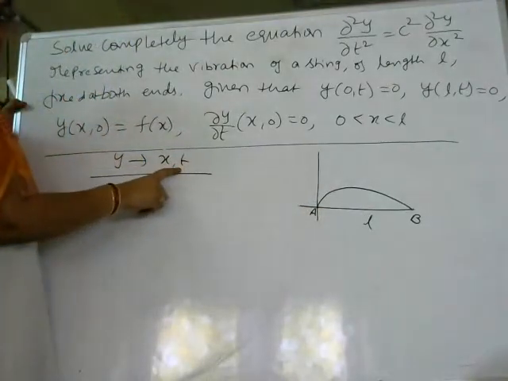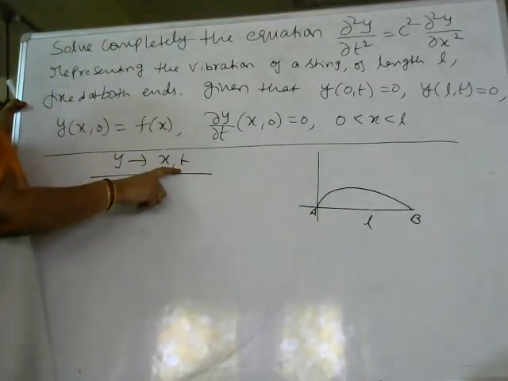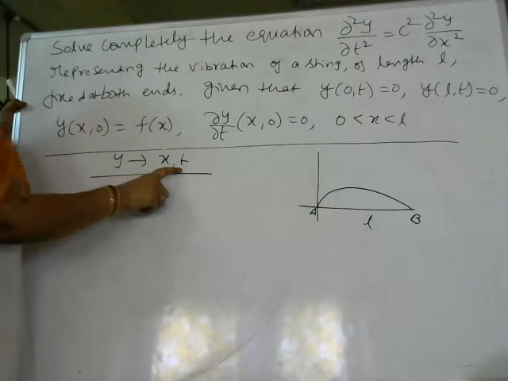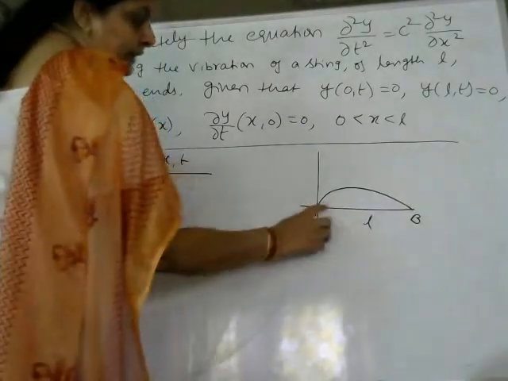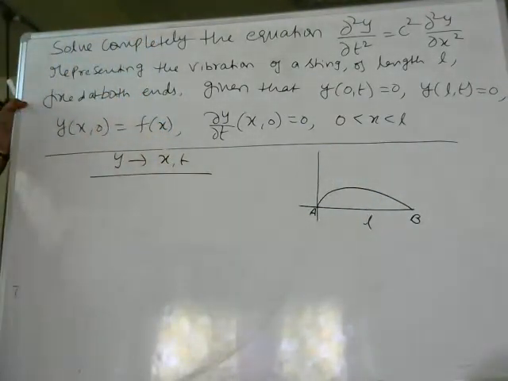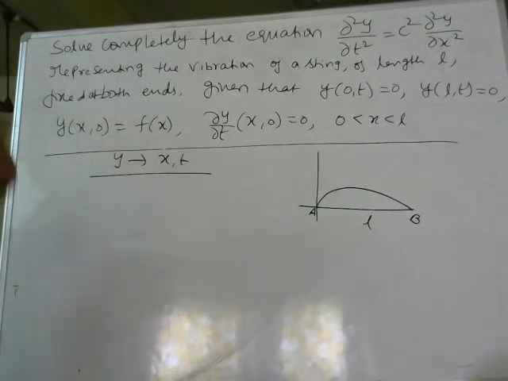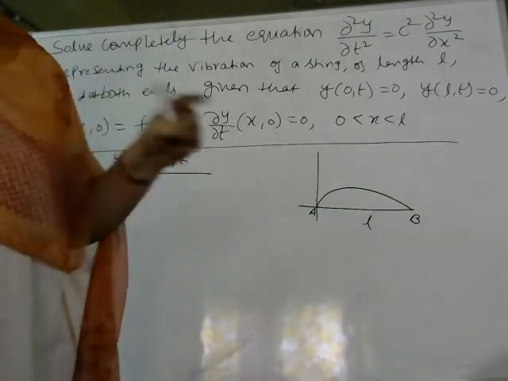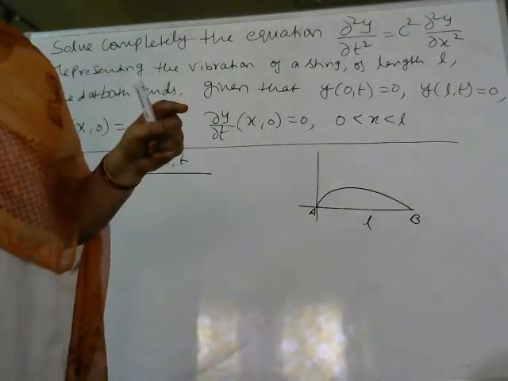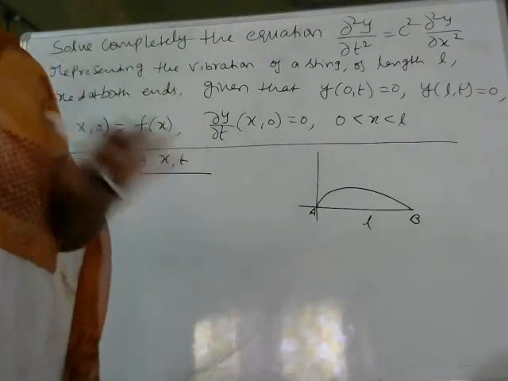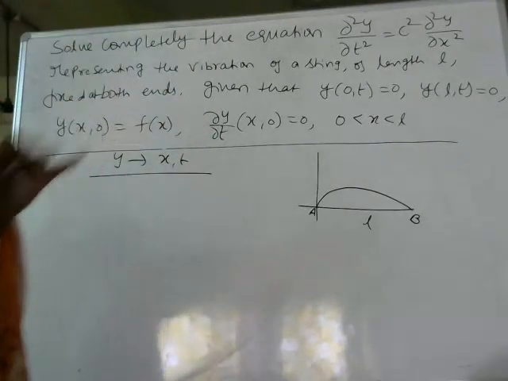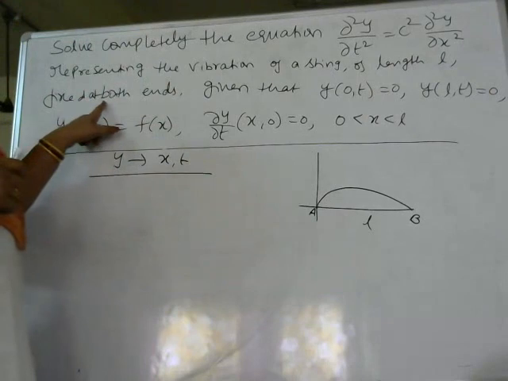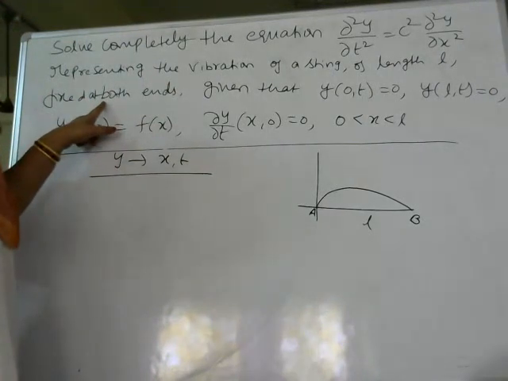T represents the time. So here we are given that the string is fixed at both ends. For every wave equation, unless the string is fixed at both ends, it cannot vibrate. So compulsorily for each and every wave equation, you will be given this condition, fixed at both ends.